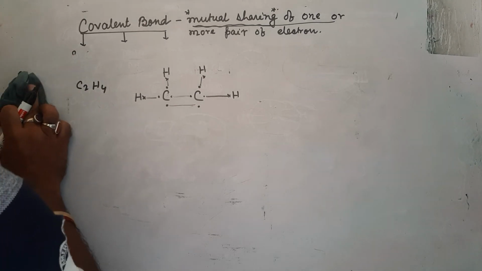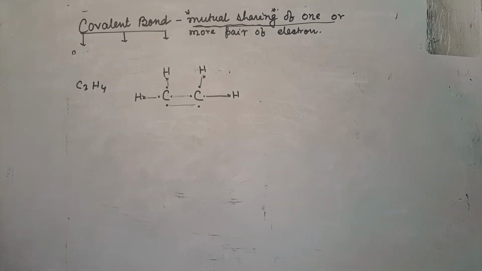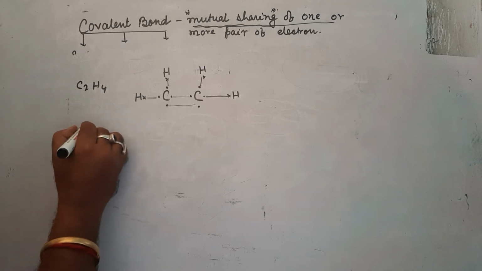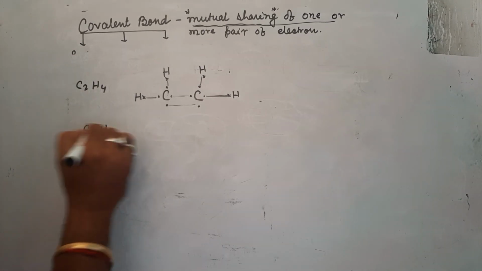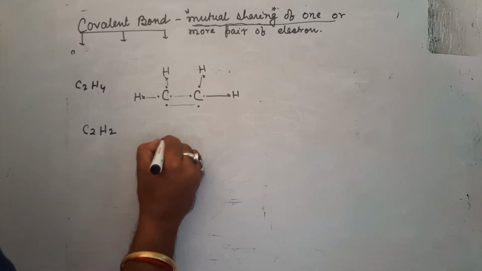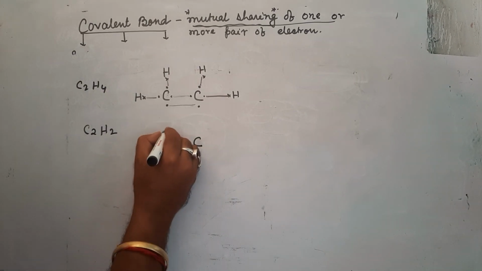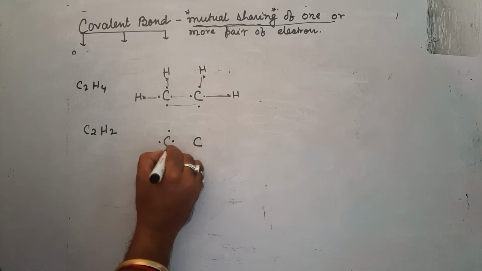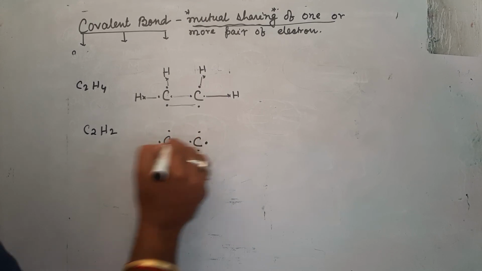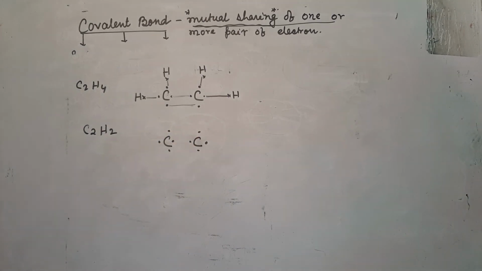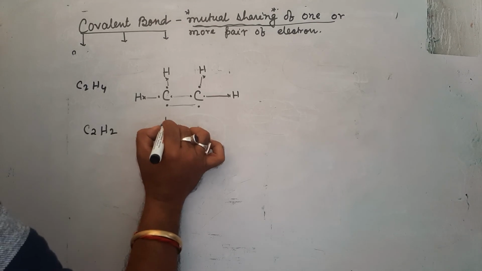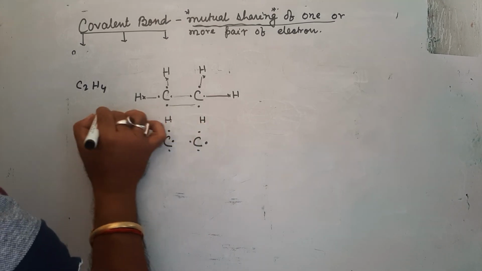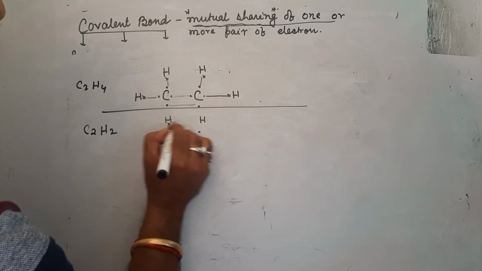What about a triple covalent bond? You can take ethyne, C2H2. 2 carbon, each with 4 outermost shell electrons, and 2 hydrogen, 1 hydrogen here and 1 hydrogen there.